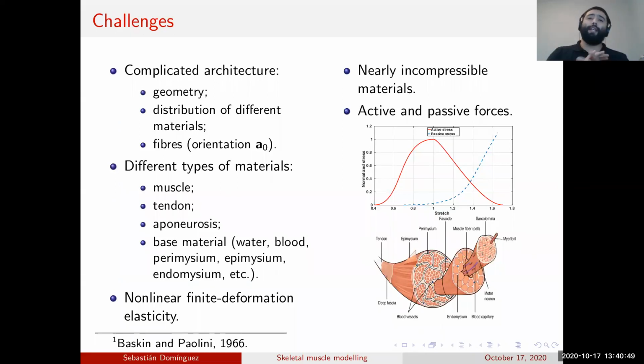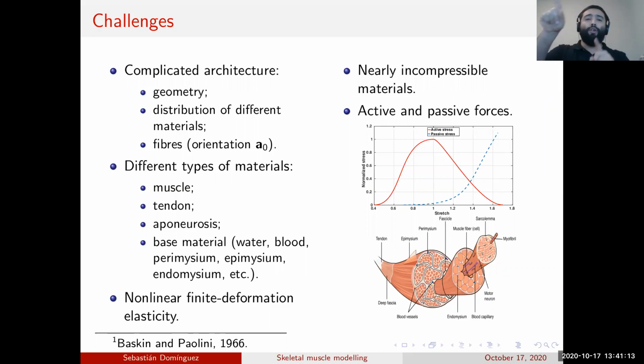So as I said, the goals, right? To get there are many challenges on the way. One of them is the architecture, right? The geometry. There are different materials, as I said before, and there are fibers. And because we want to consider these fibers in the model, you can think of these fibers as a curve in 3D, maybe with volume, right? It's like a cylinder in 3D.